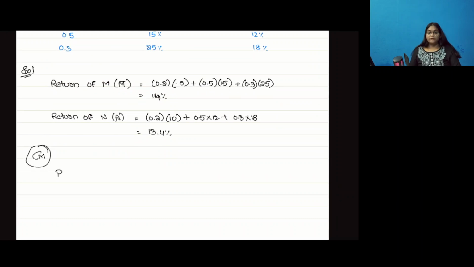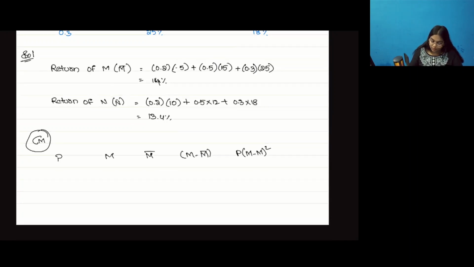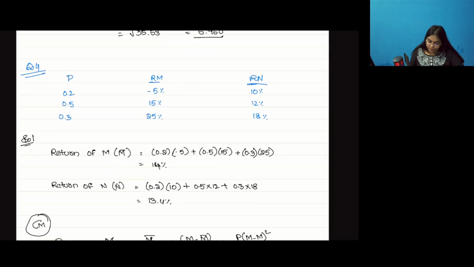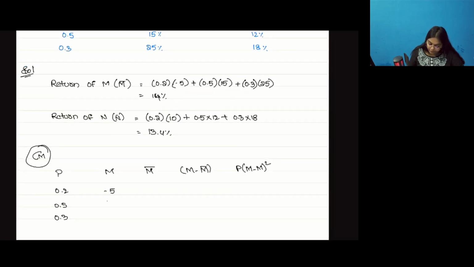Next, if we have to calculate variance or standard deviation when future data is given, we take p, m, m bar, m minus m bar, and p into m minus m bar whole square. So probability is 0.2, 0.5 and 0.3. M equals minus 5, 15 and 25.